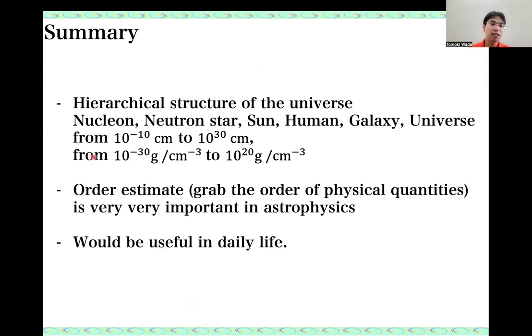And density is from 10 to the power of minus 30 gram per cc to about 10 to the power of 20 gram per cc. So to find the position in these parameters, order estimation is very important, especially in astrophysics. And this kind of order estimation would be useful in our daily life, for example, in chatting.